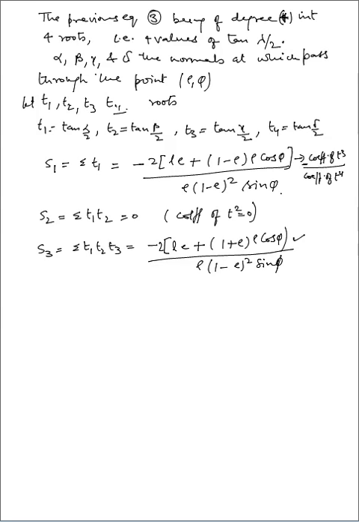and S4 is T1, T2, T3, T4. This is the constant term and it will be with plus sign, so minus 1 plus E whole square sin phi upon rho 1 minus E square sin phi.